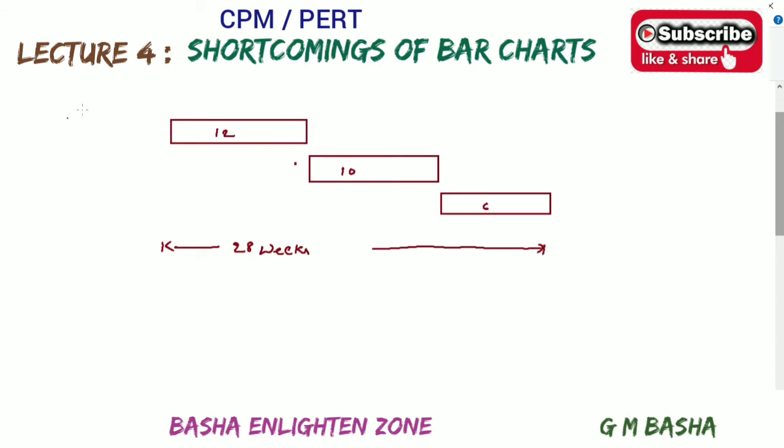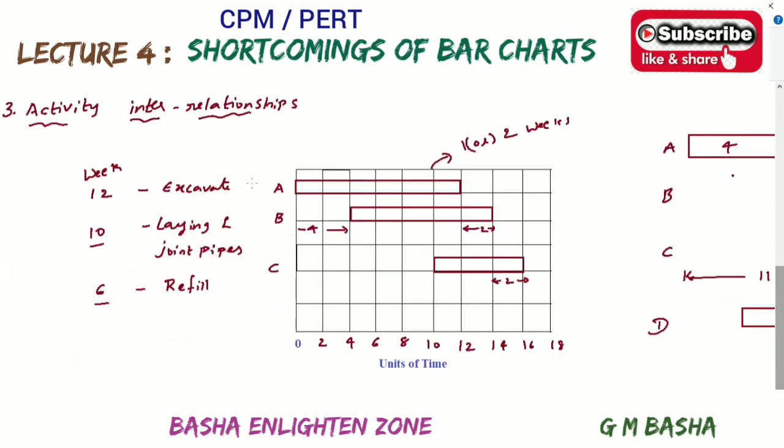Therefore, activity B will be started 4 weeks after activity A. So we know that activity B has 2 weeks of work left after the completion of activity A. Similarly, activity C has 2 weeks of work left after completion of activity B. So these bars are represented concurrently.